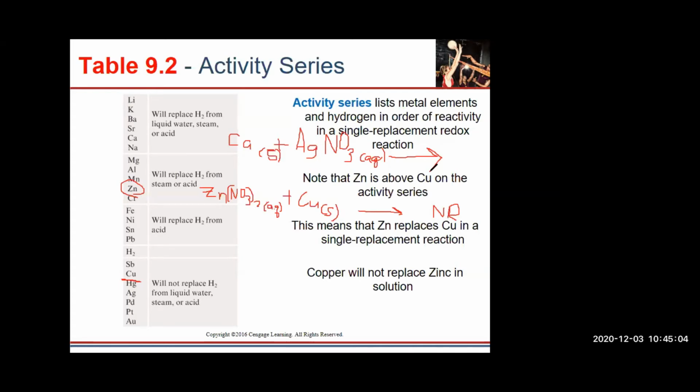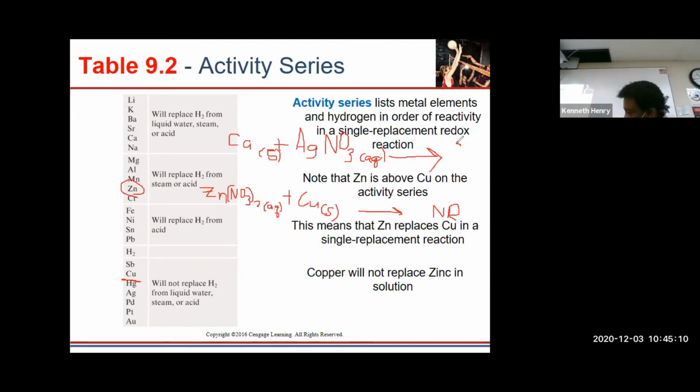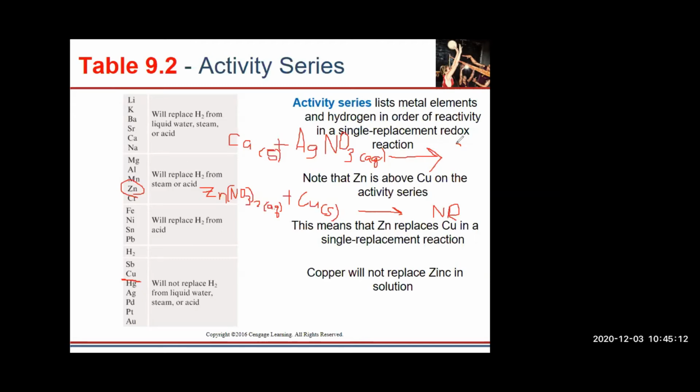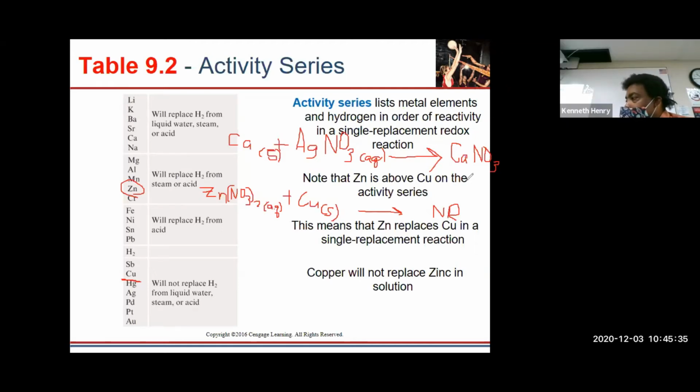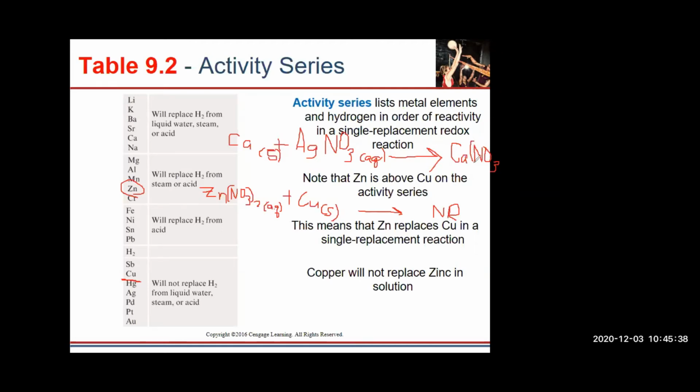Calcium nitrate. And what is the chemical formula for calcium nitrate? Ca, NO3. Is that correct? Don't you put parentheses? Then a 2 outside, yes.